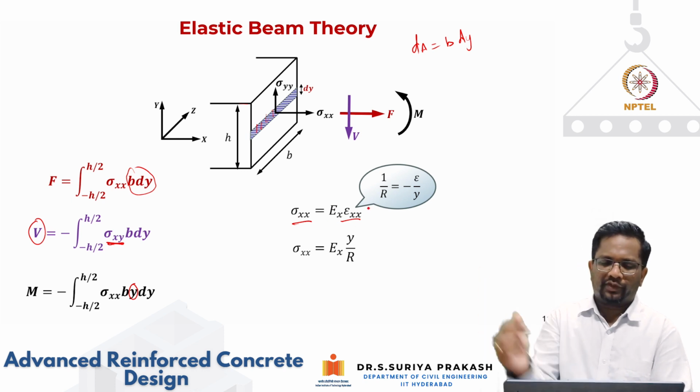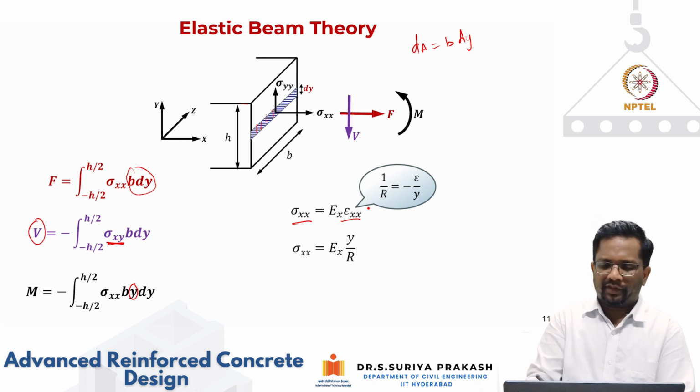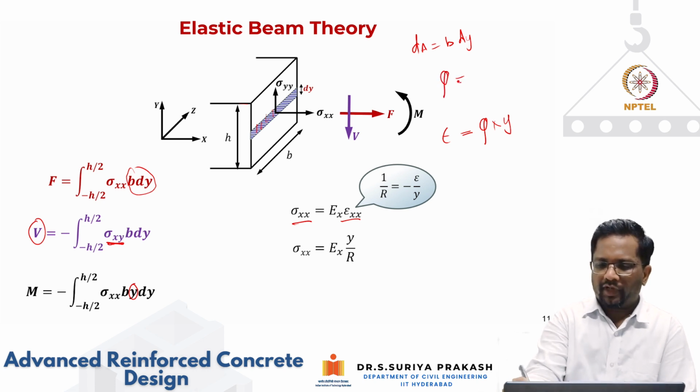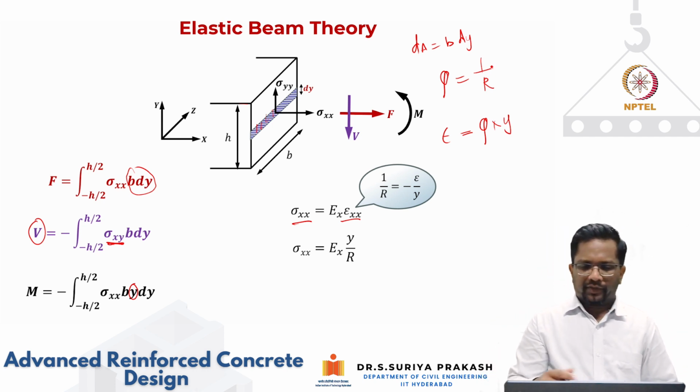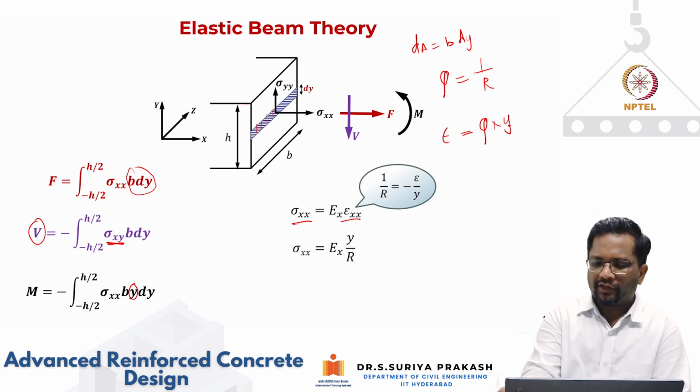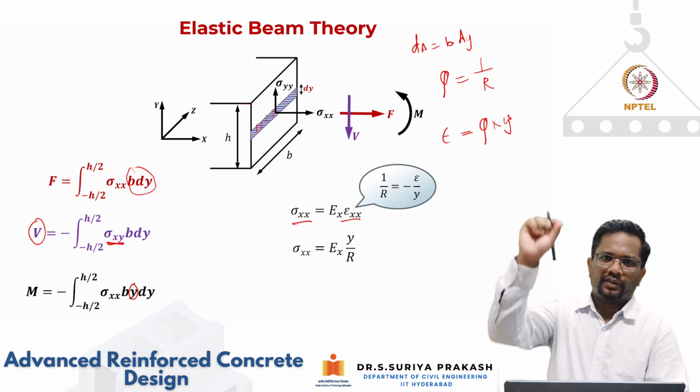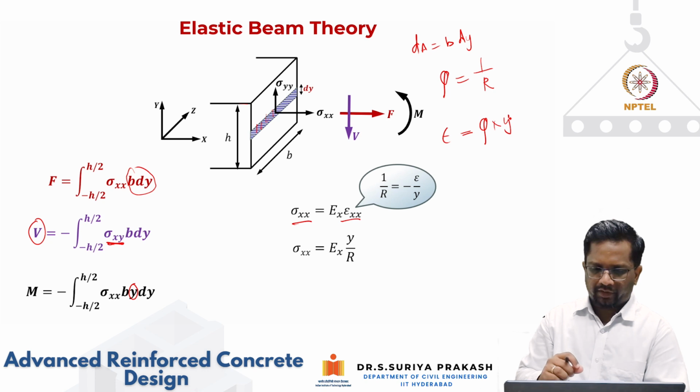Now, what is the expression for strain that we derived previously? Epsilon, we have taken as curvature phi multiplied by y. Now again, what is phi? We wrote phi as 1 by r. 1 by r is the inverse of the radius of curvature, which is nothing but your curvature. So the strain is curvature multiplied by the distance of the fiber that you are taking.